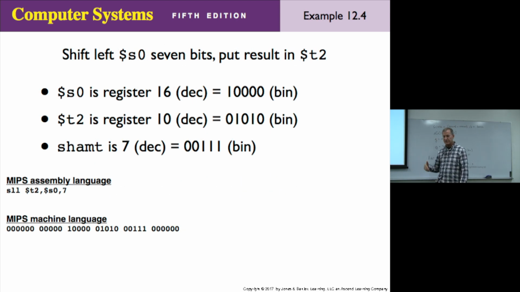An example of just the plain old ordinary shift left logical instruction is this SLL $T2, $S0, 7. That will actually shift left 7 bits. Isn't that slick? I can do that all in just one cycle. So the hardware is designed to be able to do that.